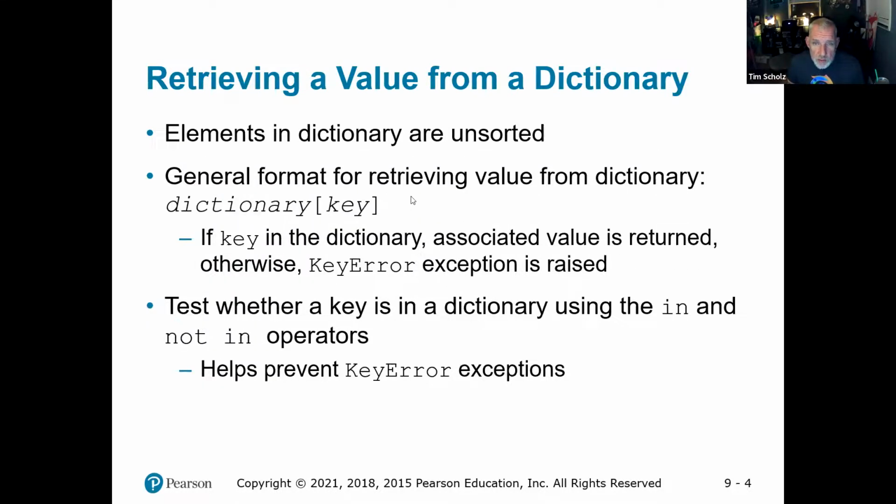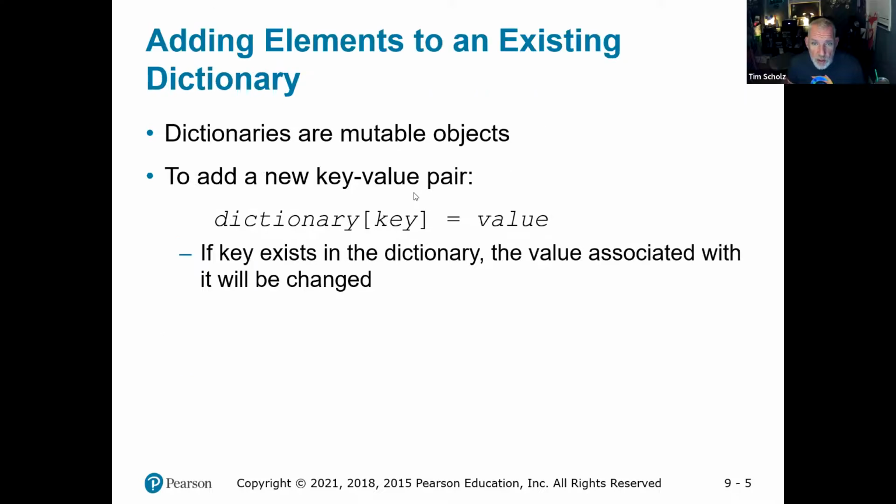We were talking about accessing elements when working with a dictionary. If we need to add items to it, the way to add an item is to say dictionary at key equals value. If we use the same syntax and the key already exists, instead of adding a new value, it's going to change the current value associated with it.